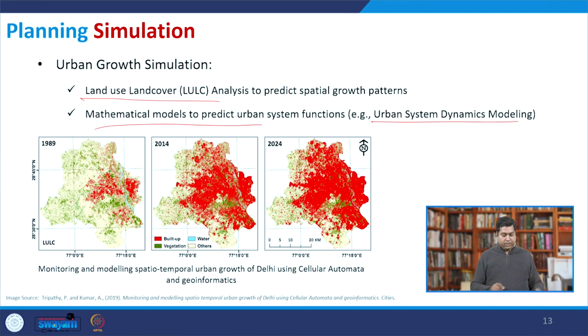Here you can also see a representation of this particular city, showing the change in land use and land cover from 1989 to 2024. You can very clearly see that the built-up area, represented by red color, is very predominant in 2024 compared to 1989.